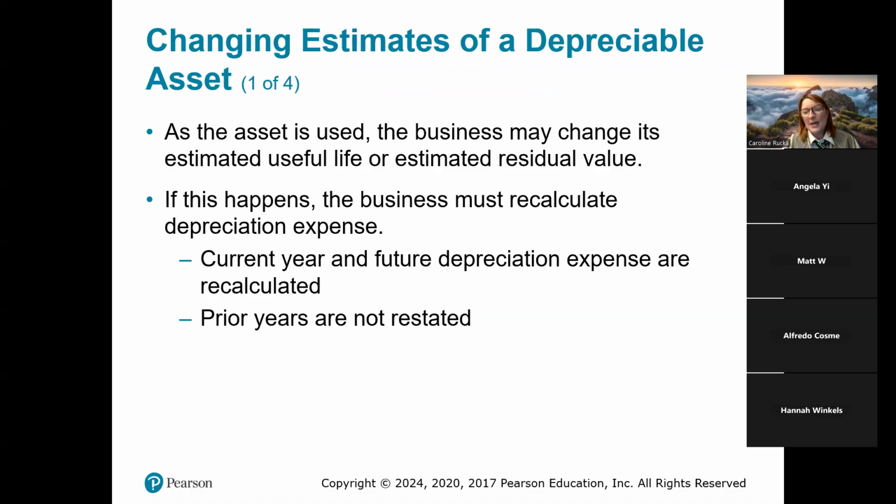We just kind of estimated how long we'd be using the asset and what its residual value would be. But sometimes our estimate isn't perfect. So what happens if the useful life turns out to be longer than you thought it was?